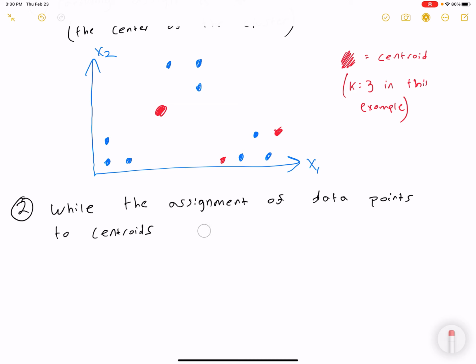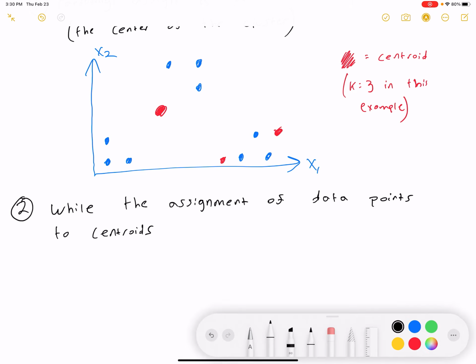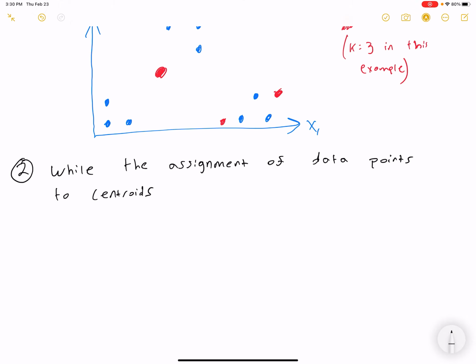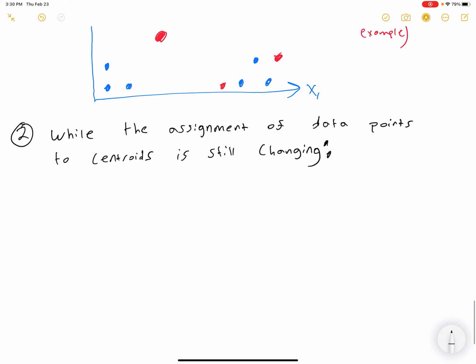While it still changes, while the assignment of data points to centroids is still changing, colon, then substep A, we want to assign each data point to the nearest centroid.